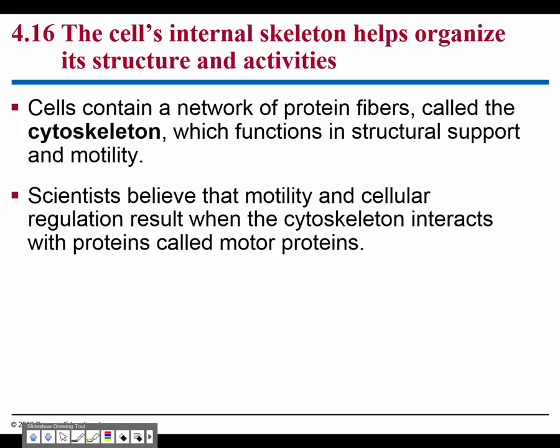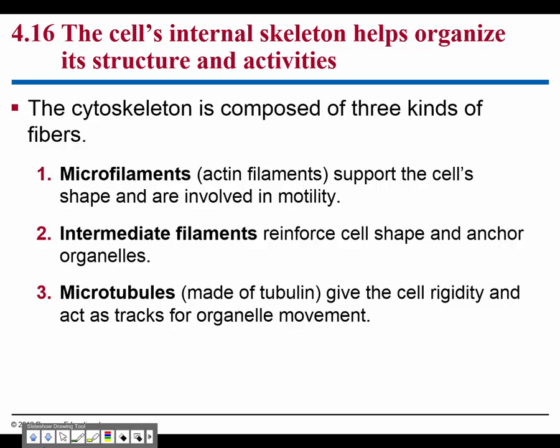And so we think that motility and cellular regulation result when the cytoskeleton interacts with proteins called motor proteins. We'll talk a little bit about those here in a second. So different parts of fibers. Microfilaments support the cell's shape.